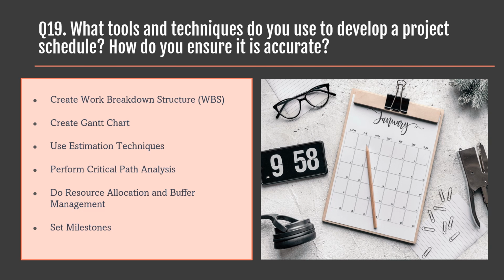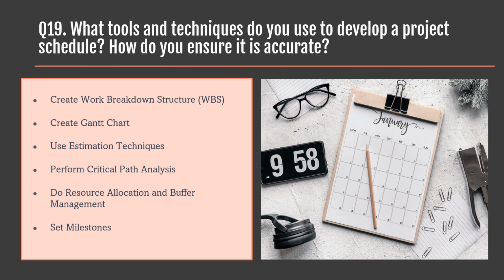Other tools like Microsoft Project and Asana, an online tool, can also be used. Mary then estimated the accurate time using the technique expert judgment. This can also be done by other estimation techniques like analogous estimation, that is comparing with similar projects, parametric estimation like using historical data, or 3-point estimation: optimistic, pessimistic, and most likely estimates.